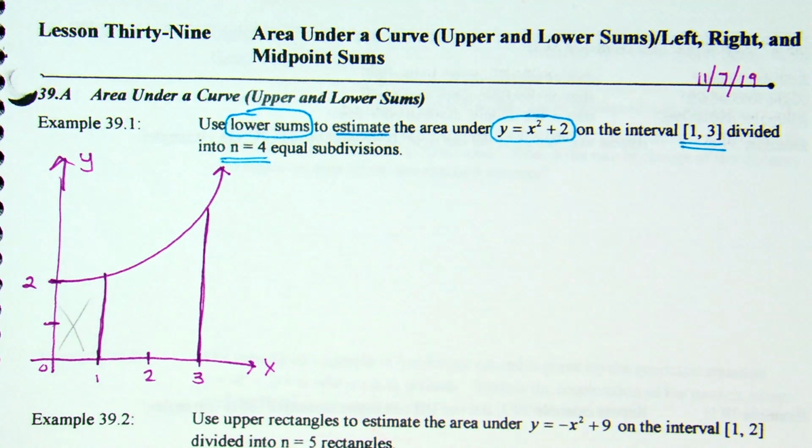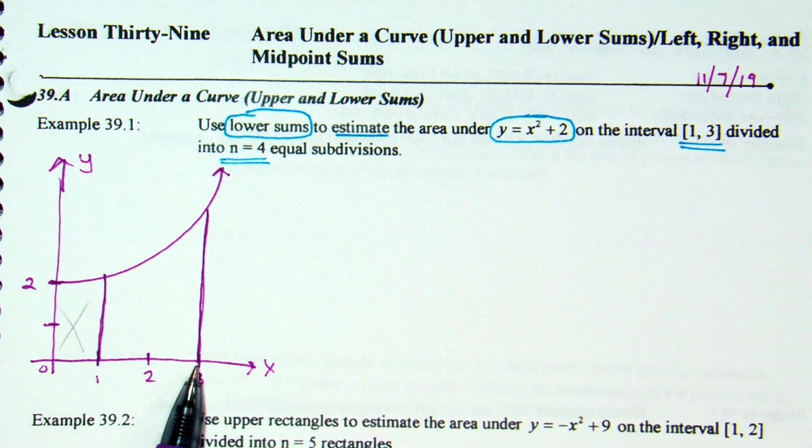Now, it specifically says to divide this into n equals 4 equal subdivisions. So right now, from 1 to 3 is how long? That is 2 long. If I divide that into 4 pieces, how wide is each piece? A half. That was a pretty easy one to do just logically.